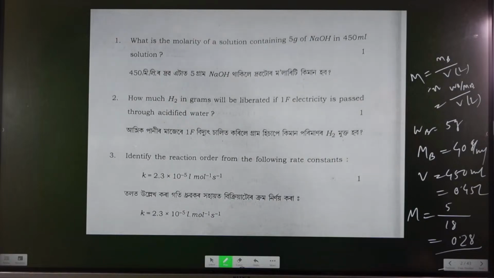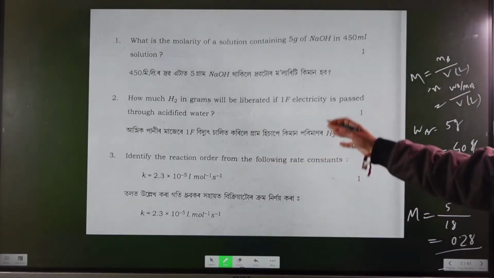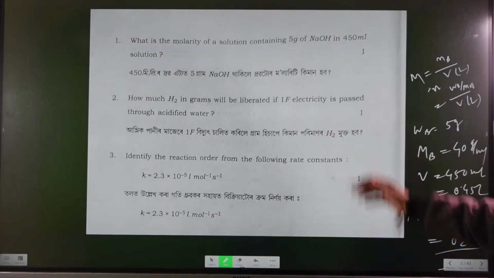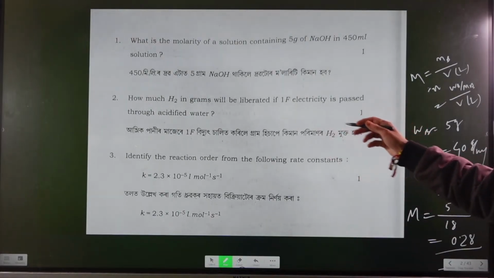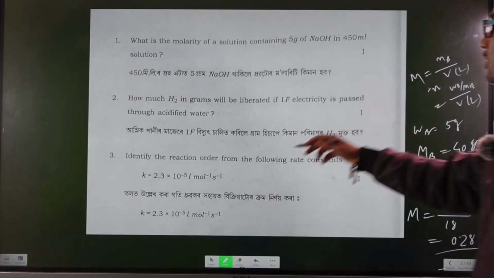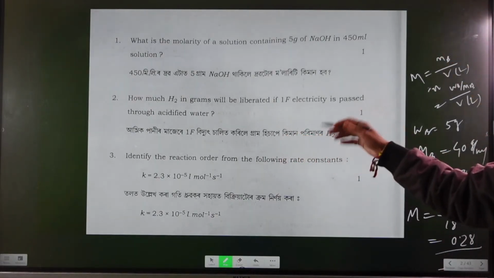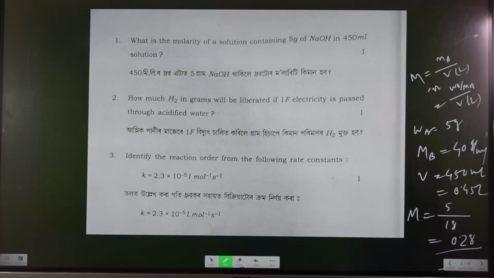Then in your second question, you use Faraday's expression, which is W equal to ZQ, and Q is equal to It, from where you can get how much hydrogen will be released.